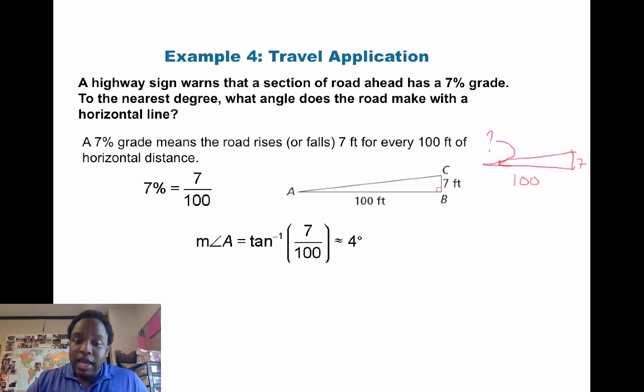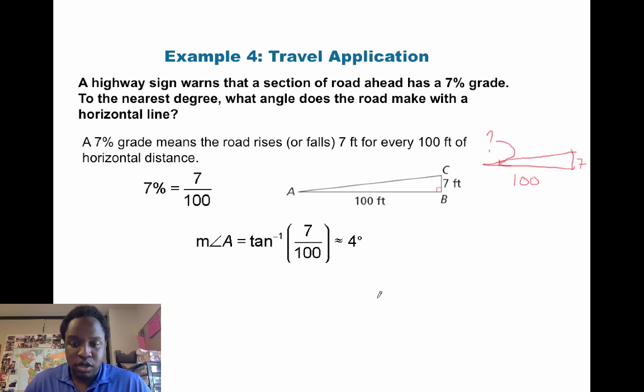So you would do inverse tangent of 35 over 100. So let's see what that is. Inverse tangent of 35 divided by 100. And we get about 19.3 degrees.